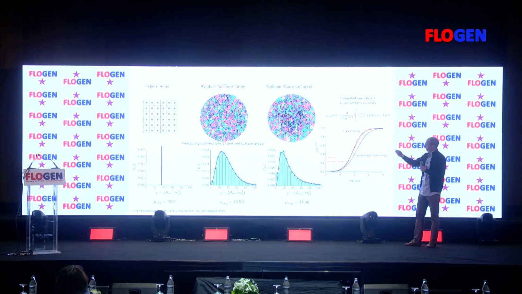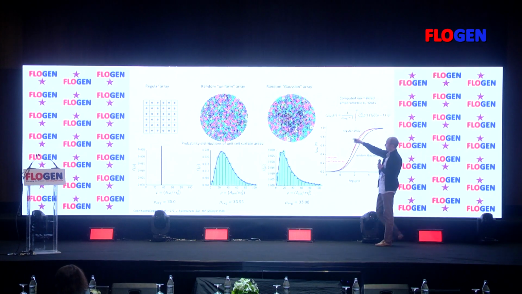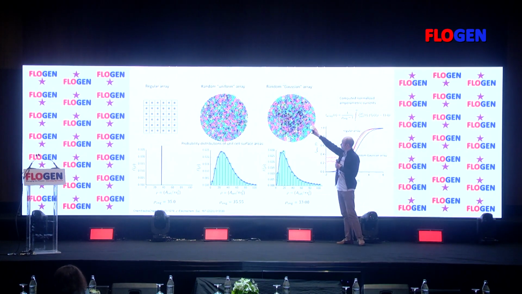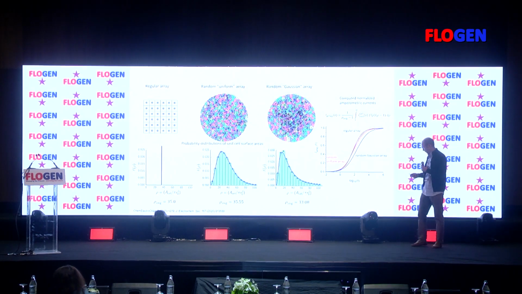But as soon as we can introduce this distribution, okay, we can compute the responses for very different systems: for the regular arrays, for the random arrays, or for the random arrays with a given bias, as for example shown here, where the active sites have a tendency to be located in the center of the array.